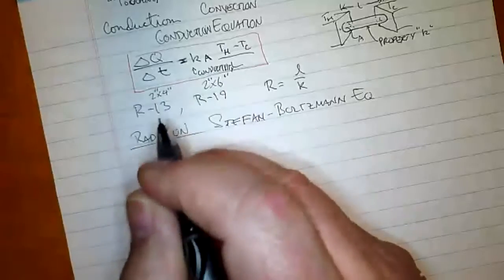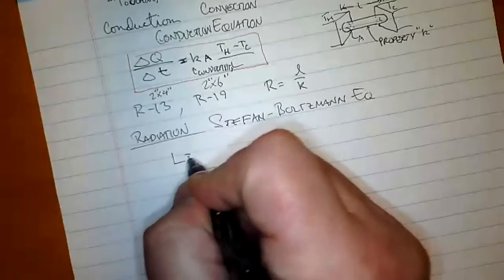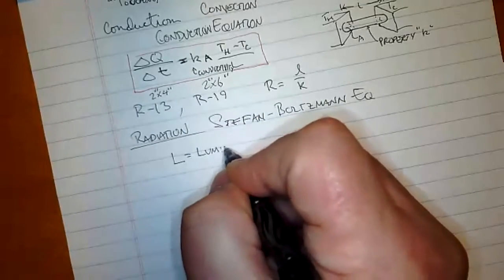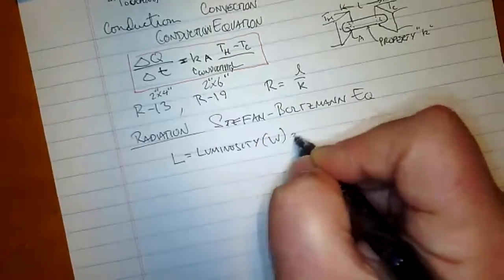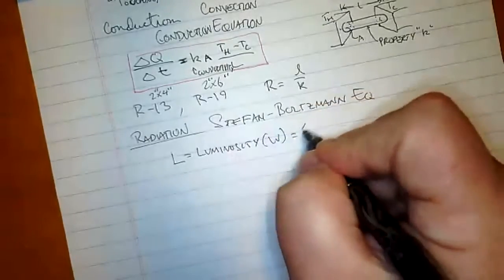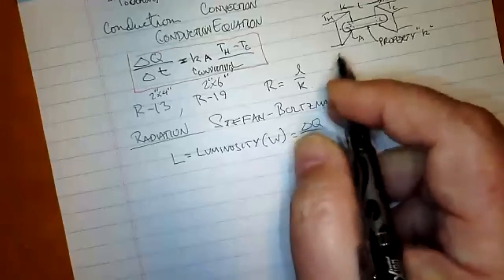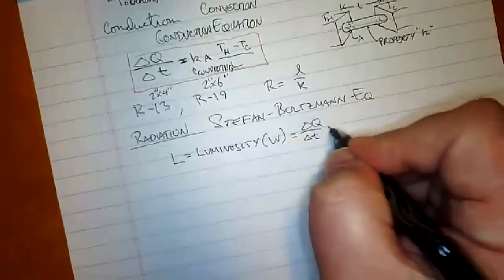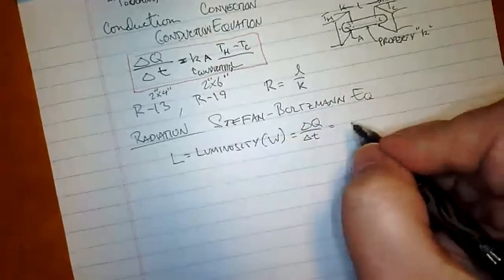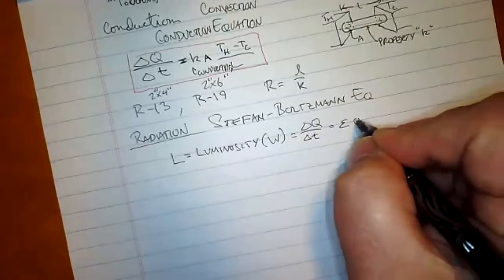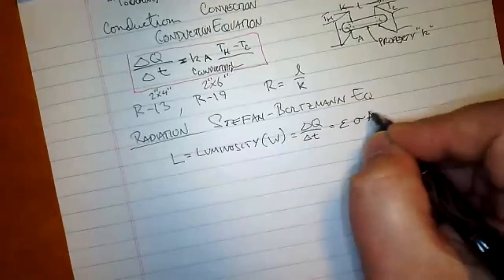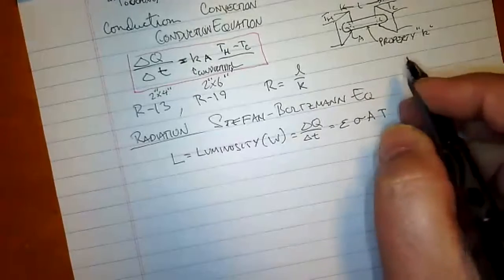And that basically says what we call in astronomy luminosity, which is measured in watts. That is equal to, again, the delta Q over delta T. But in this case, it turns out to be epsilon times an experimental constant times cross surface area times T to the 4th power.